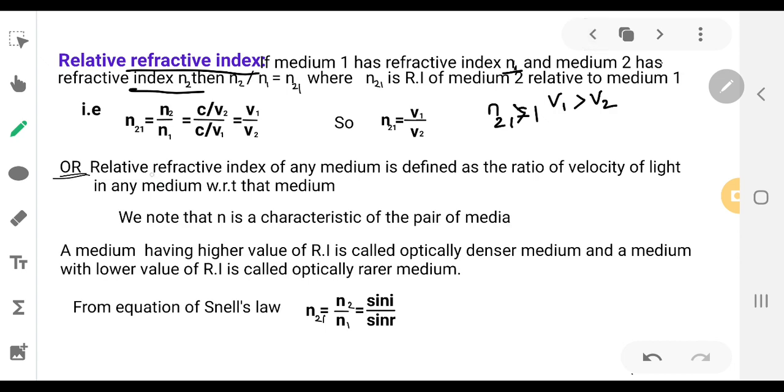ಸೊ ರಿಲೇಟಿವ್ ರಿಫ್ರಾಕ್ಟಿವ್ ಇಂಡೆಕ್ಸ್ of any medium is defined as the ratio of velocity of light in any medium with respect to that medium.